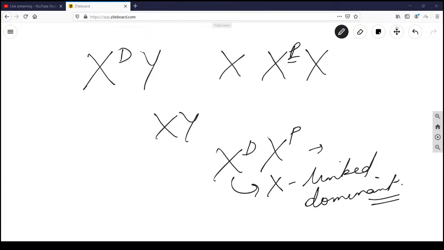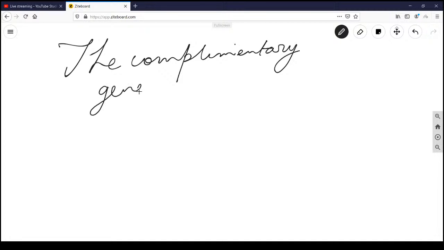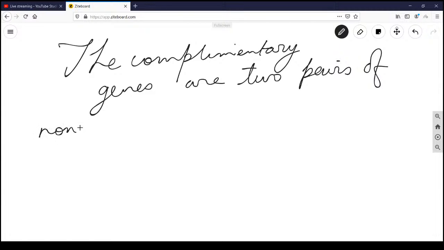So what are complementary genes? Complementary genes are two pairs of non-allelic dominant genes present on separate loci.